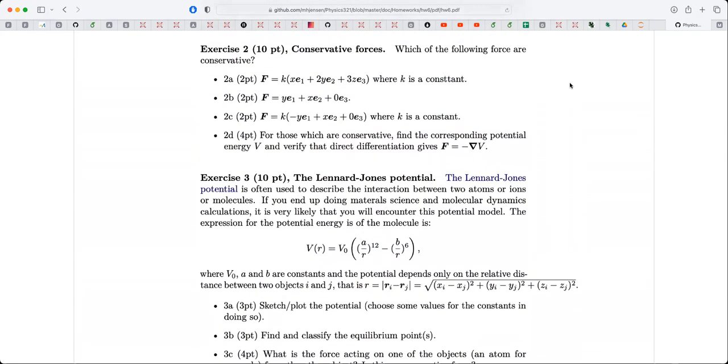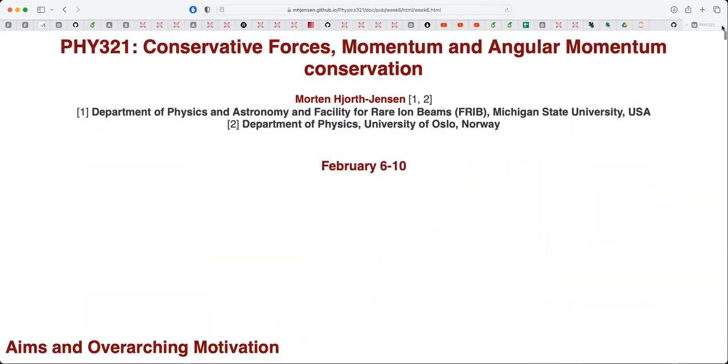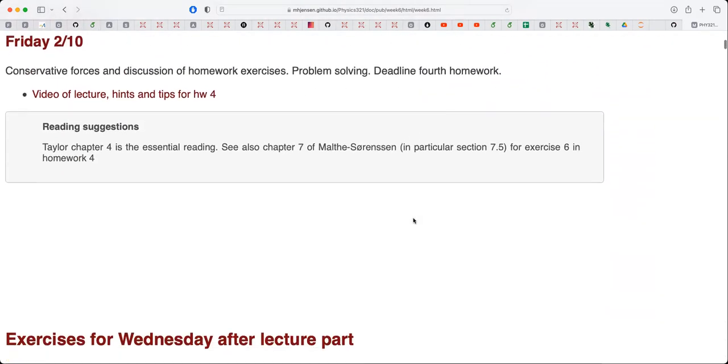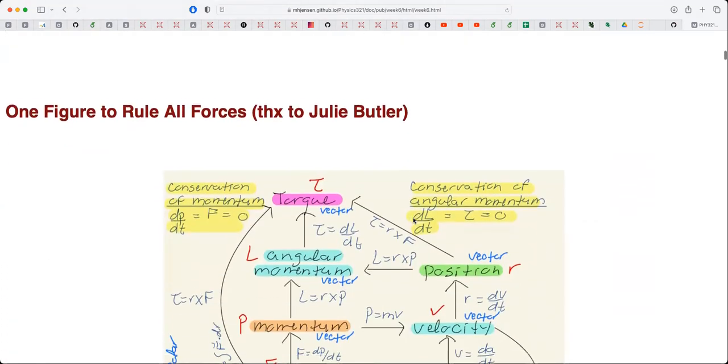Now, for these exercises, what we would recommend is to take a look back at what we did in week 6. And in week 6, that's the week of February 6 to 10, there is a figure which Julie Butler made. And I would just recommend to take a look at that one again.